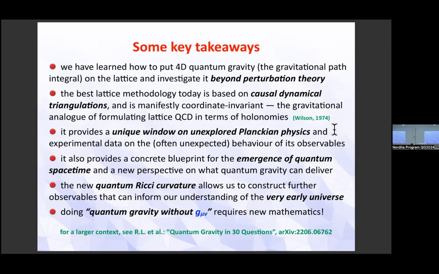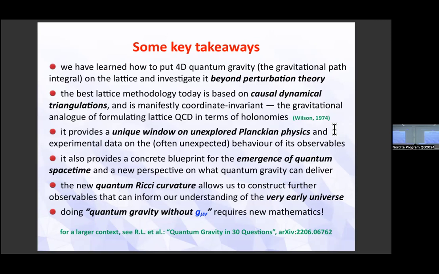If you sit in an appropriate region of the phase diagram, understood in a statistical mechanics way, of the system that I have regularized on the lattice, and whose continuum limits, of course, I'm interested in, not the lattice itself. And it gives us a new perspective on what quantum gravity can deliver, I say here. So really, the questions that can be posed and answered in this realm naturally.